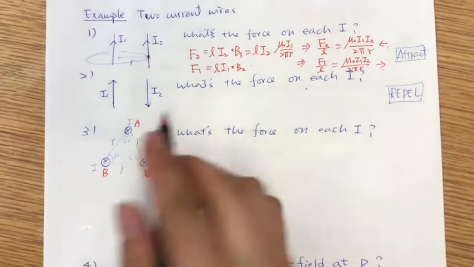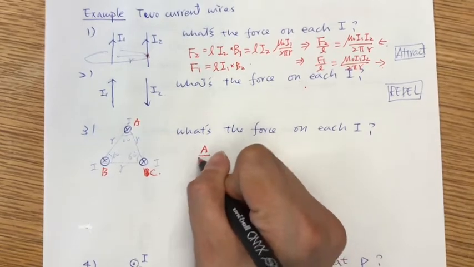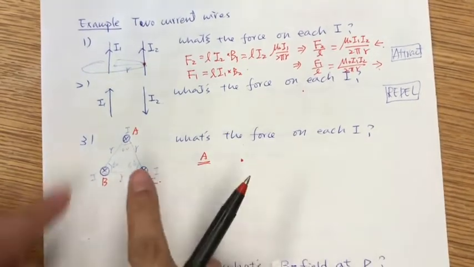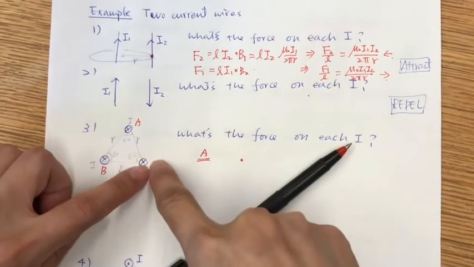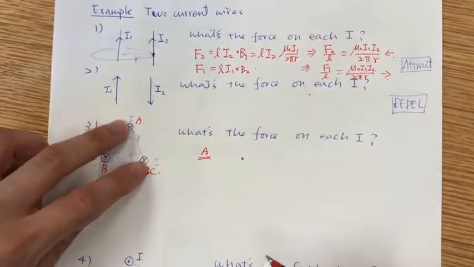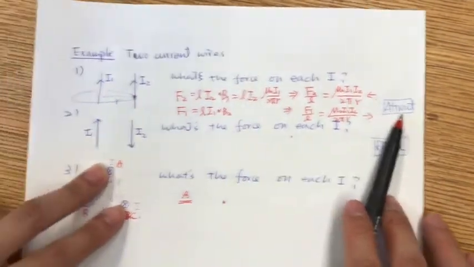So the force on A, let's take a look. The force on A, these two currents are both flowing downward into the page. So these two will feel the attractive force.